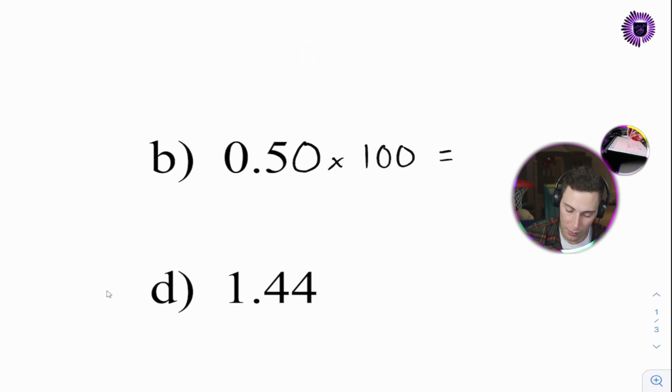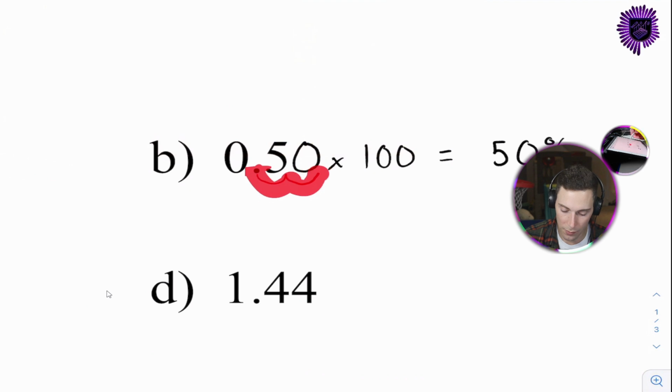So this is going to equal 50%. Once again, we're moving that decimal 1, 2 places over, and it shows up behind the 50%.